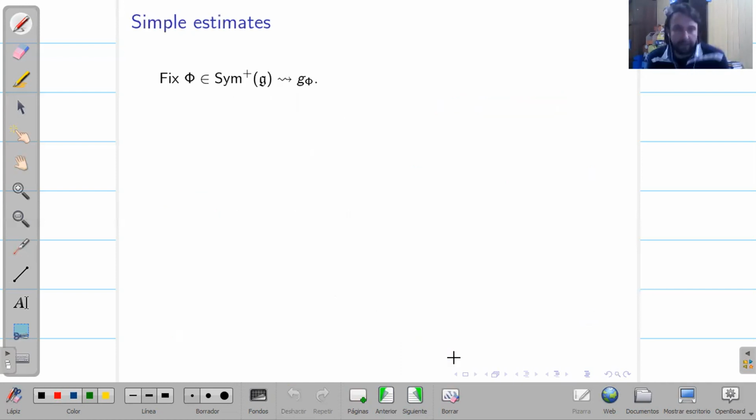So now let's see some simple estimates, as we will call them. Fix a left-invariant metric, which is the same as fixing an element here. Let me denote by mu k the eigenvalues; remember, mu k squared are the eigenvalues of this.